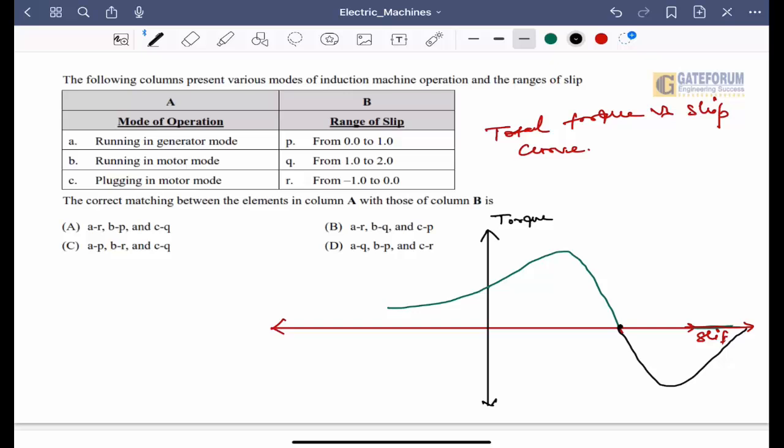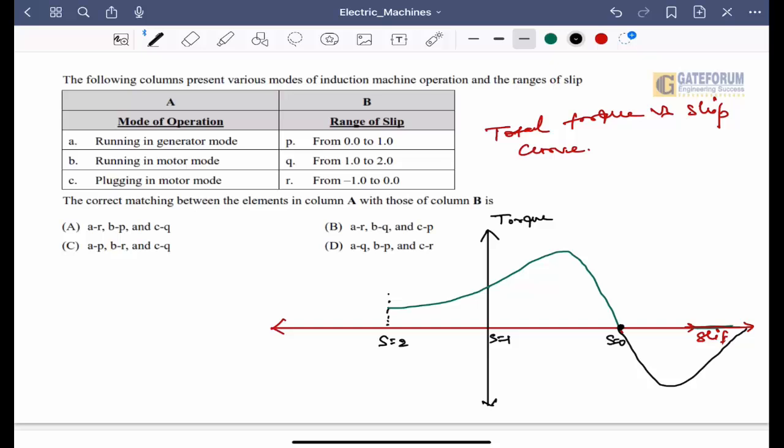See, at this point our slip will be what? Since n, the rotor speed of the induction machine, is equal to 0, here slip will be 1, and this slip will be 2.